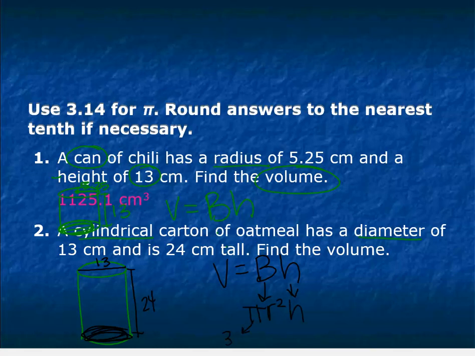Pi is 3.14. My radius, again, radius just means half. So half of 13, if you don't know what half of 13 is, please use your calculator. Half of 13 is 6.5, so 6.5 squared times the height, 24.